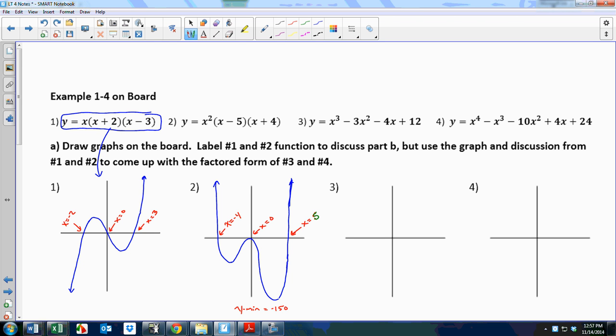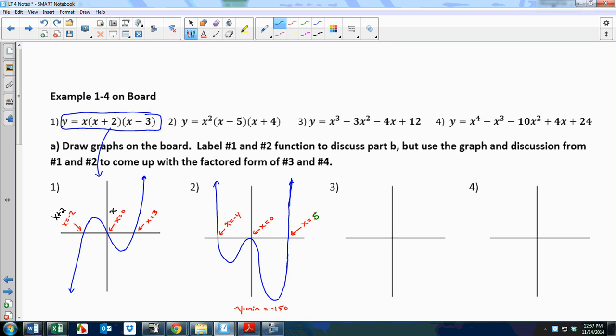Let's make some connections. If the x-intercept is -2, the box we just looked at would have said, what factor does that represent? It would have represented x plus 2. All right, the x-intercept 0, according to the box we just looked at, that would be x minus 0, the factor x minus 0, which is just x.